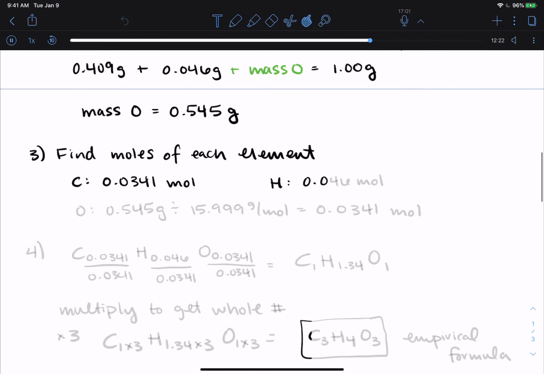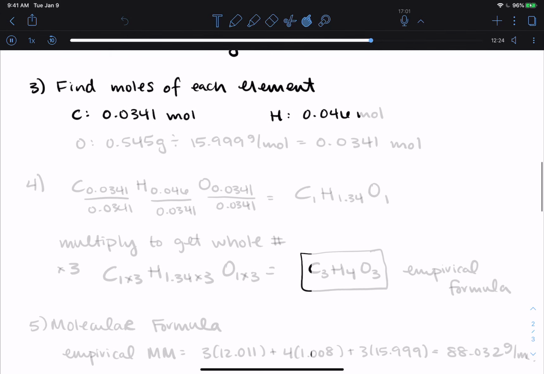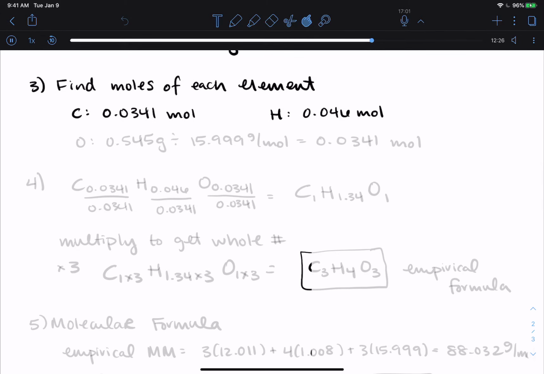Hydrogen is 0.046. And now we have the mass of oxygen, which is 0.545 grams, and we can calculate how many moles this is. And it ends up being 0.0341.